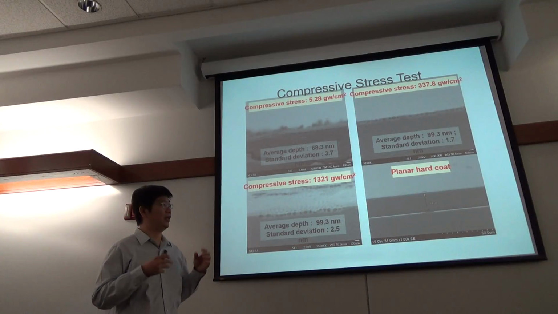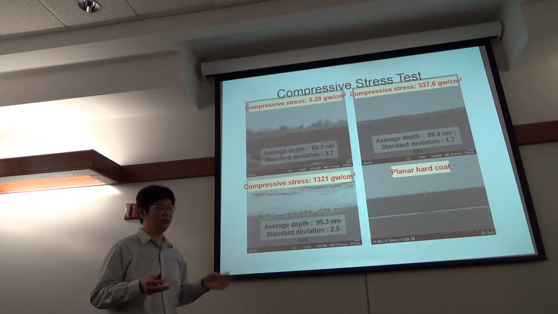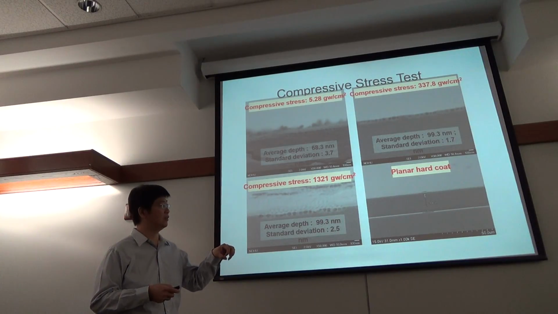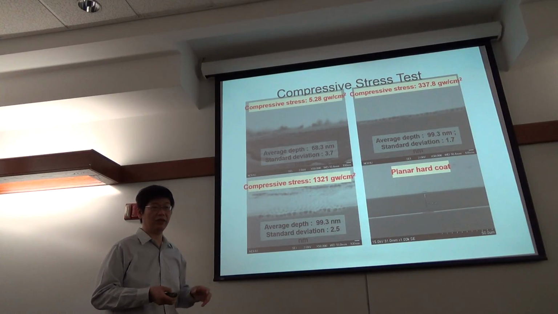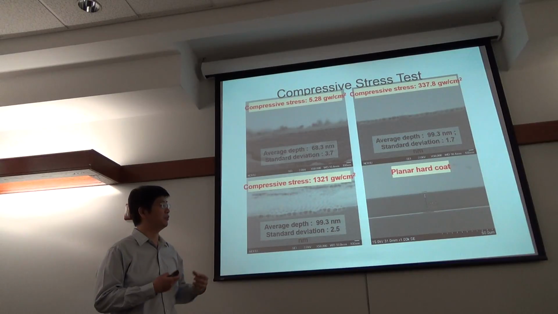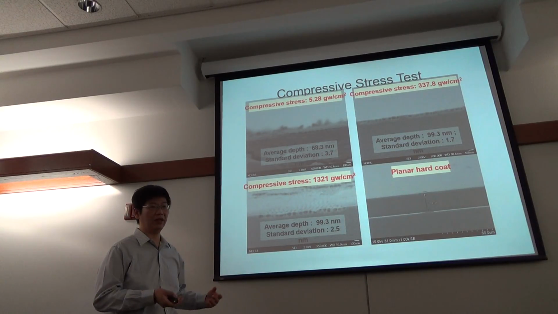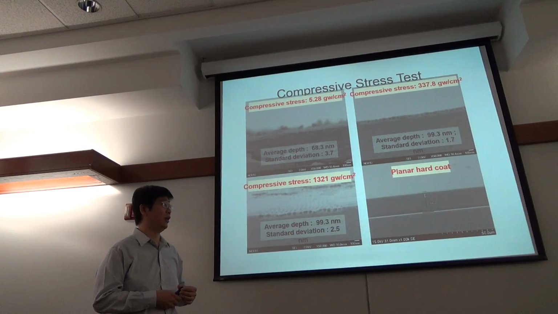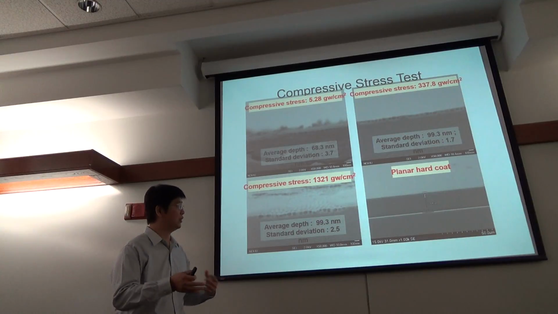So they can have a larger size sphere, maybe 1 micron or so. That is for anti-glare, and the smaller one is for anti-reflection. So they have different pros and cons.